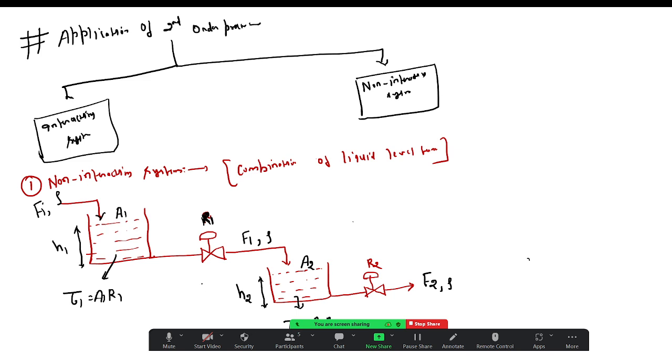But directly I can write the relation between the inlet flow rate and the height of this particular tank. But we are very much interested in understanding the value of the height of this tank if I change the inlet flow rate over here, and the flow rate out of this tank with respect to the inlet flow rate here, right?